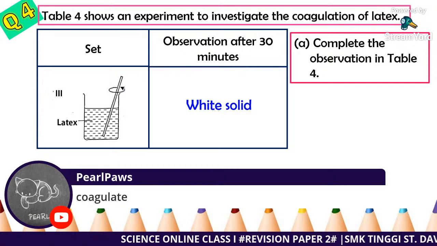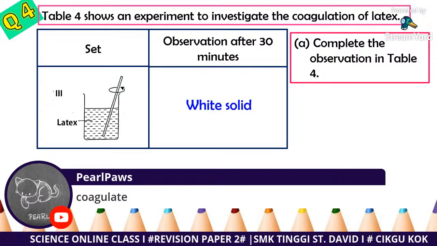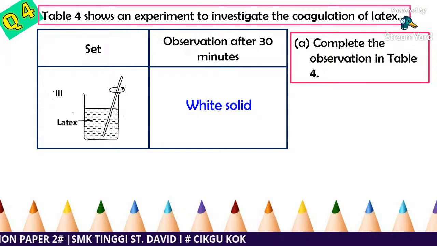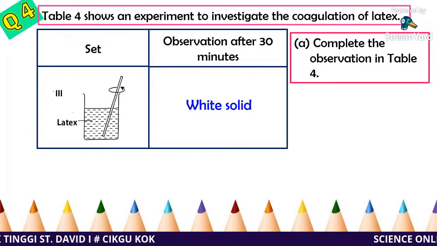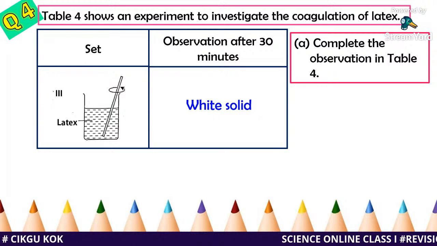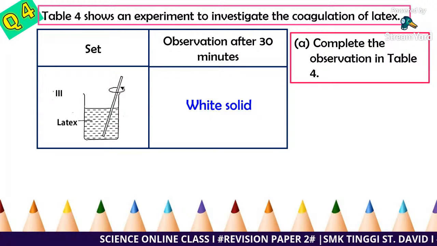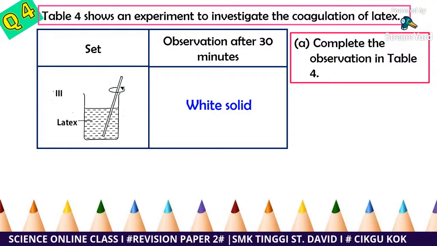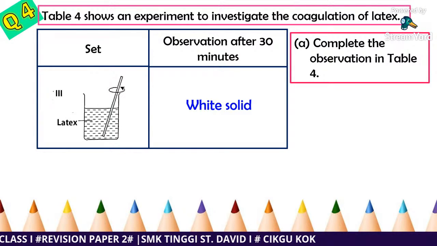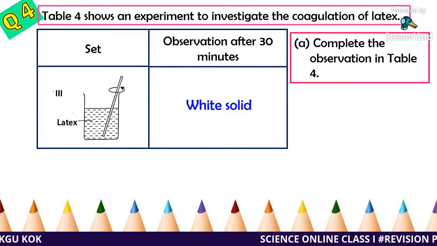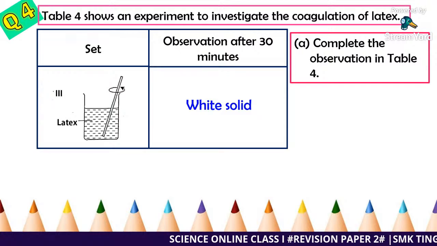So that means it's not immediate, maybe after a few days you find the latex becomes white solid, same as when you add the acid. So that is the reason why we need to use the alkaline. After a few days, although you never use anything, you just put it there, later it will become coagulated white solid. So now we need to use the alkaline to make it change back to liquid. So this one is the answer for white solid.